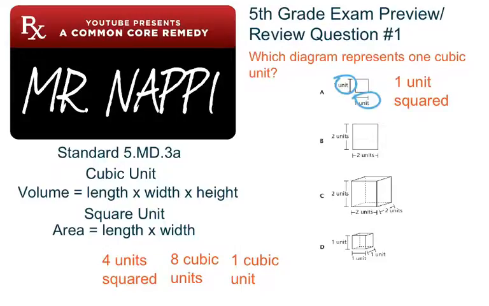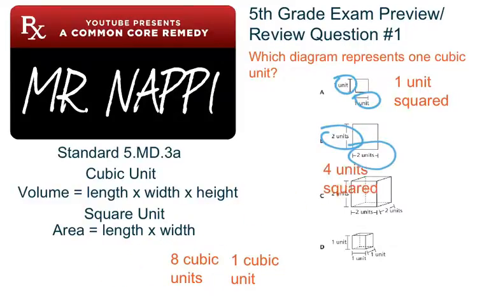Looking at the second example, it is 2 by 2 units over here, which gives you 4 units squared. Now, those two questions, when it's being unit squared, A and B are actually examples of area, not volume. When you're asked about a cubic unit, that involves volume.